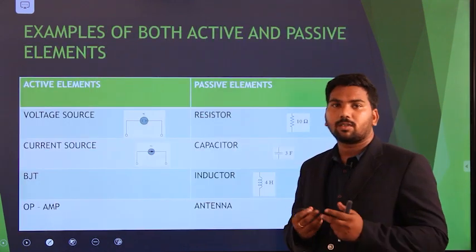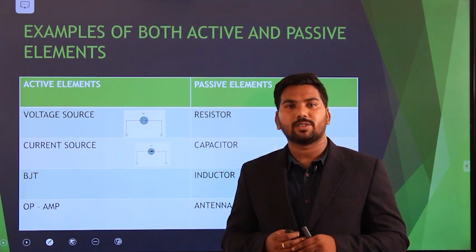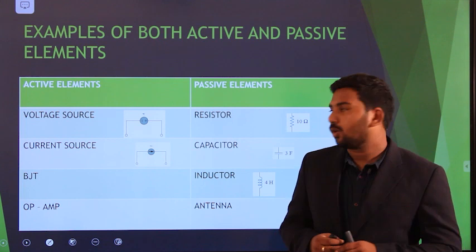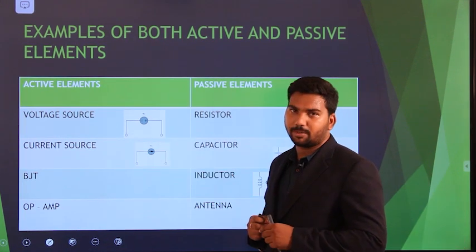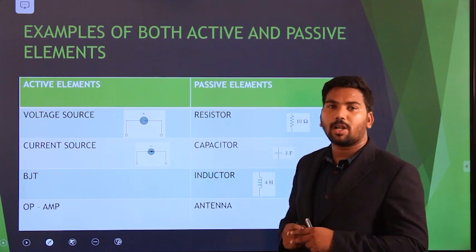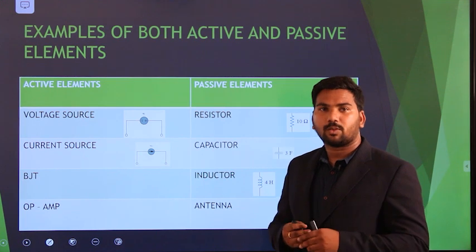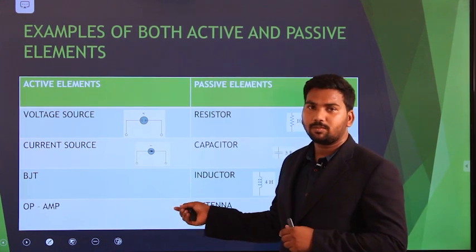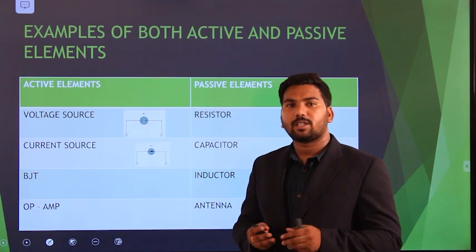After knowing what active and passive elements are, I will give some examples. Voltage source and current source are examples of active elements because they will deliver energy for longer time, maybe in terms of hours or days or years also. BJT and op-amp are out of the syllabus, but these are also active elements.